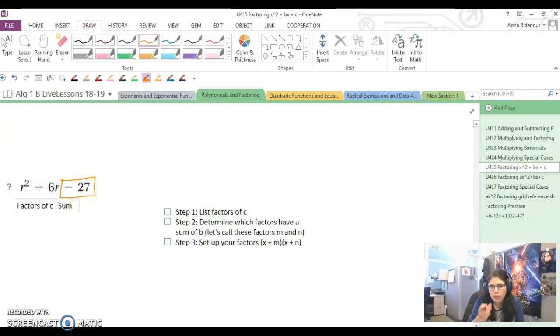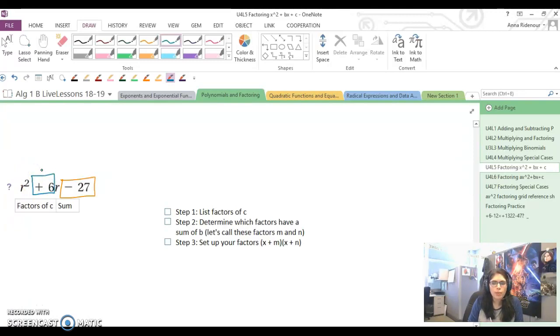Again, this is going to be something that has a negative and a positive because they multiply together to be negative. But one way to decrease the amount of work that you have to do is by looking at this b value and analyzing that as well.